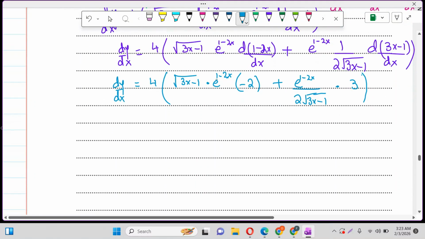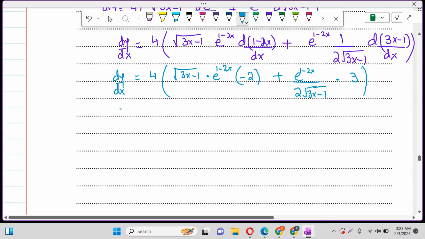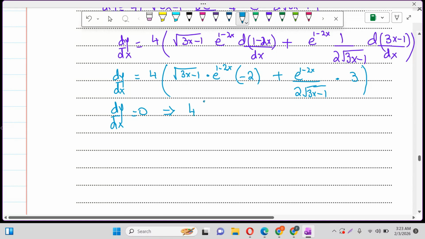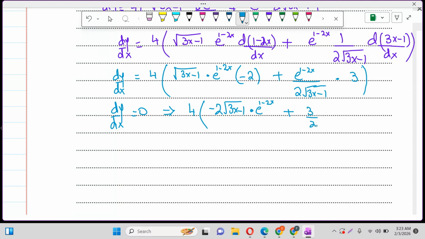To find the x coordinate of the stationary point, dy/dx is equal to 0. So we can say that 4 times [negative 2 √(3x - 1) times exponential of (1 - 2x) plus 3 over 2 exponential of (1 - 2x) over √(3x - 1)] is equal to 0.